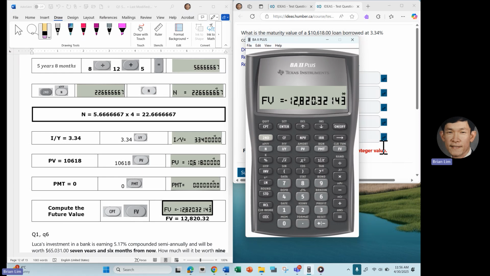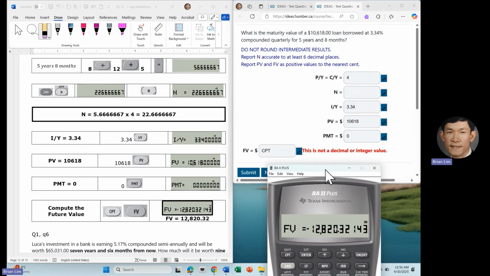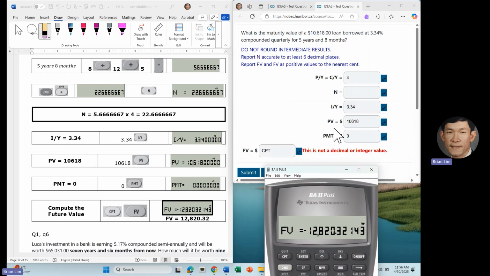That is the number we will enter into the answer box here. We have a value for N, so let's put it in: 22.666667, putting in six sixes and then the 7.